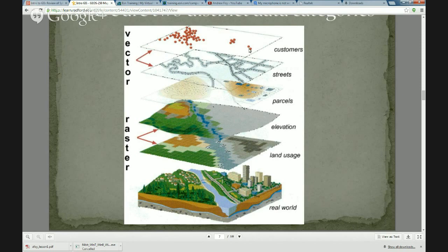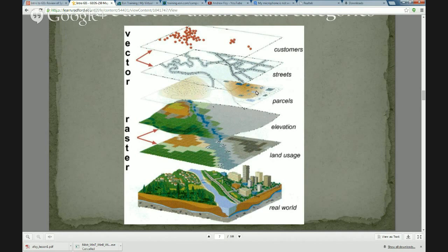So a point location of a customer or a GPS would be vector because it's a point. The point is representing a geographic object in the real world. Streets are lines, right? And you kind of need to think about how things look in the real world. A road on most maps represents a linear feature, so we use a line to represent that, and the line is a vector type of data.